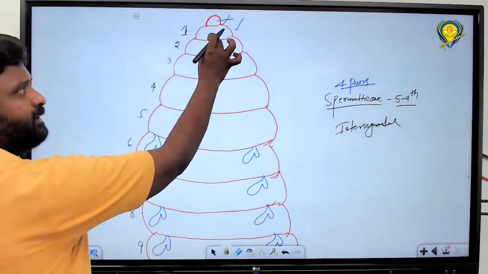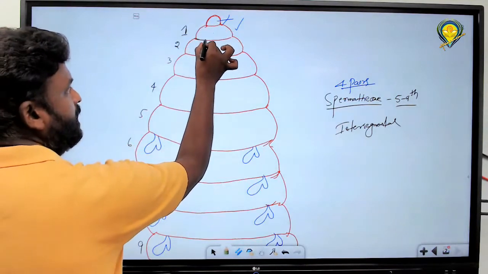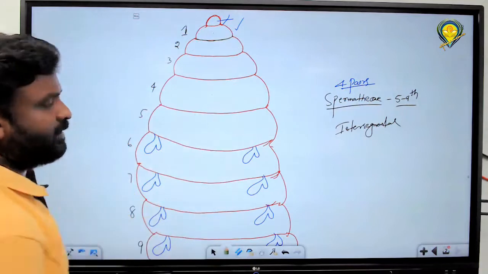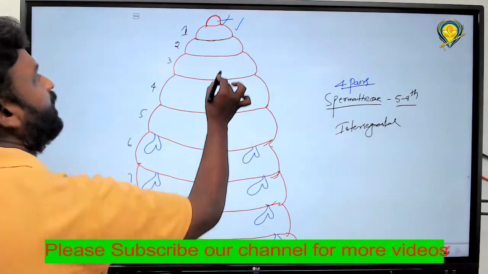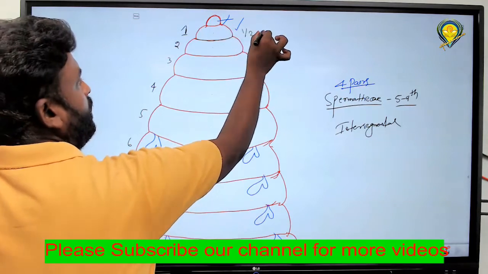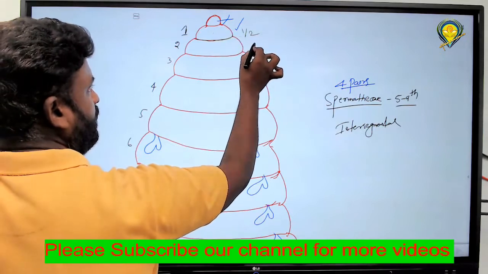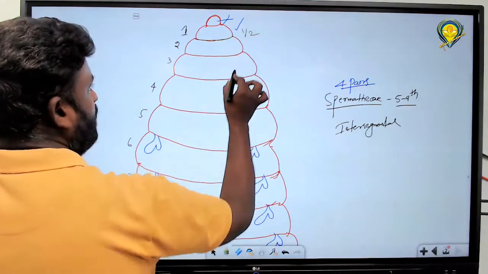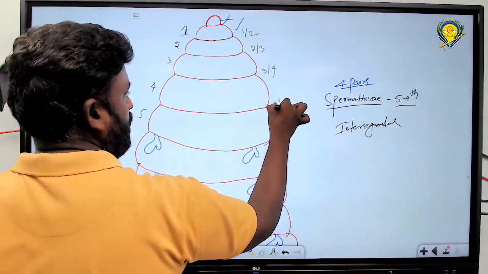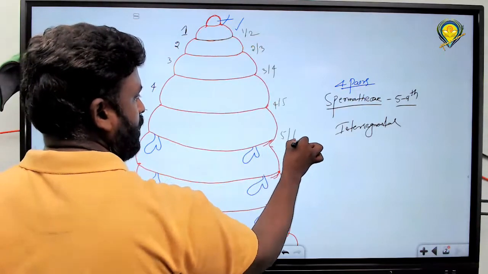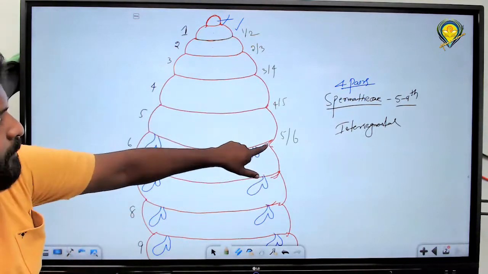So intersegment means this: first segment and second segment are separated by what? Inter-segmental groove. Shall we call them like this? Right or wrong? Shall we write like this? 5th to 6th separated by the intersegmental groove.